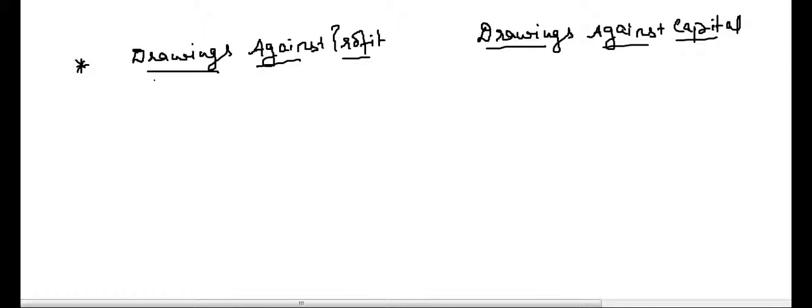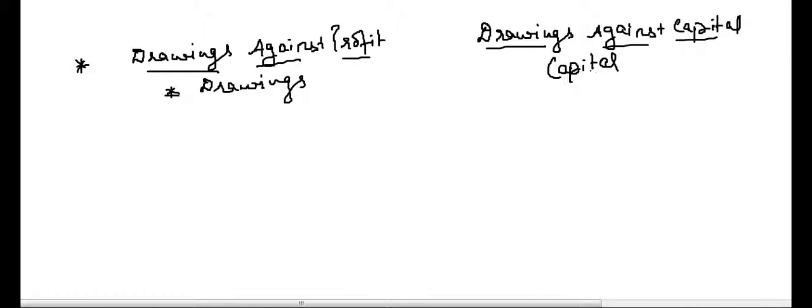We are earning profit and we are withdrawing some part of the profit for our personal use, right? We call it drawings. But drawings against capital means we have introduced the capital into the business and we are withdrawing some part of the capital from the business. So we call it capital only.